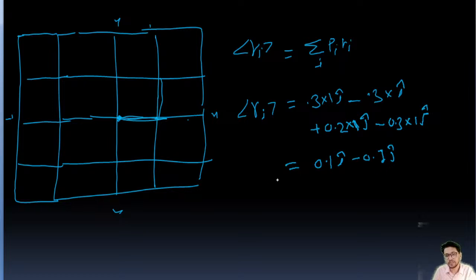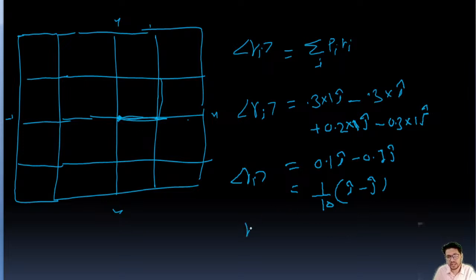This is for one step, guys. So this is 1 by 10 i cap minus j cap, because 0.1 multiplied and divided by 10 gives 1 by 10. In one step it can go in 4 directions.